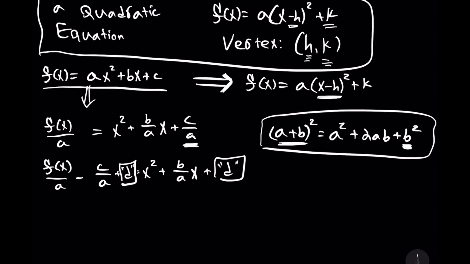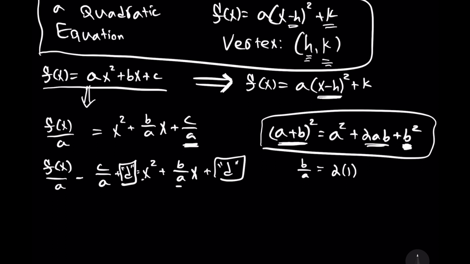Or in other words, think of this, b over a. So b over a right over here corresponds to this 2ab. So we can say that this equals 2 times a. Well, a, in this case here, the leading coefficient, is just 1. And b corresponds with this b squared.